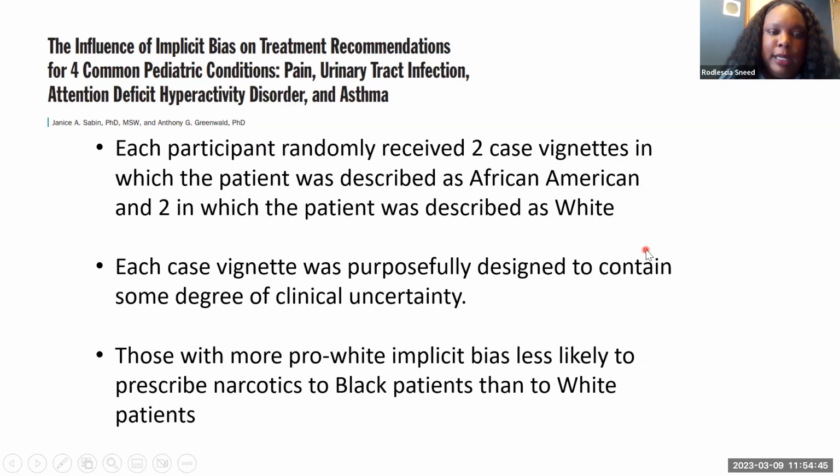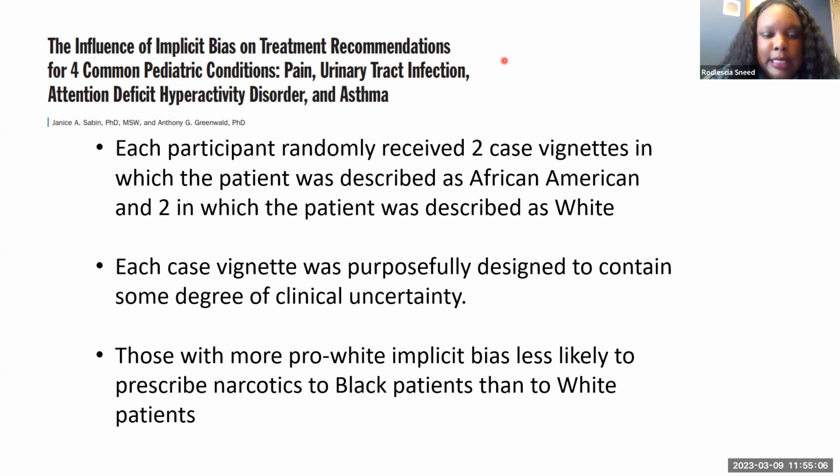But what was interesting about this study involved administering case vignettes. Participants were randomized and they got 2 case vignettes where the patient being described was an African American. And again, these are children we're talking about. And 2 in which the patient was described as white.